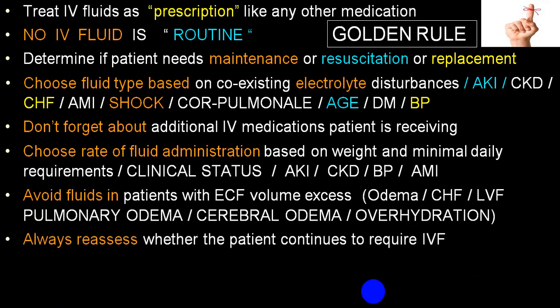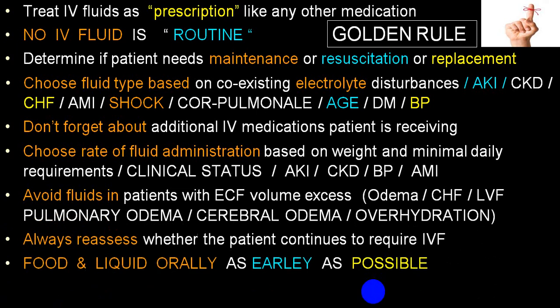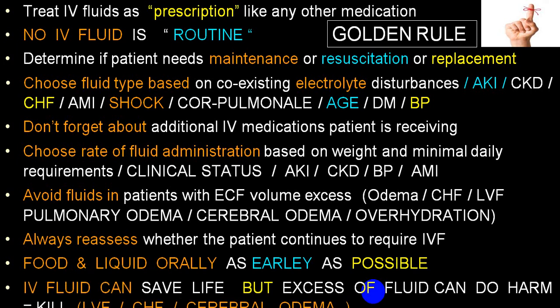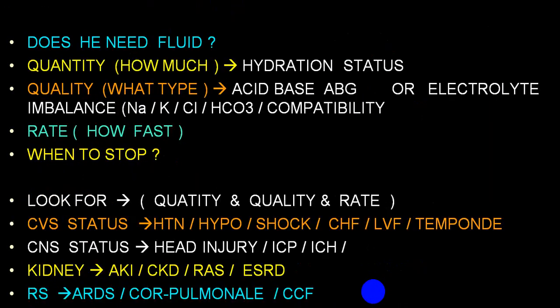Always reassess whether the patient needs continuous fluid. If the person can take orally, start food and liquid orally as early as possible. IV fluid can save life, but excess IV fluid can do harm and can kill the patient by left ventricular failure, congestive heart failure, or cerebral edema.